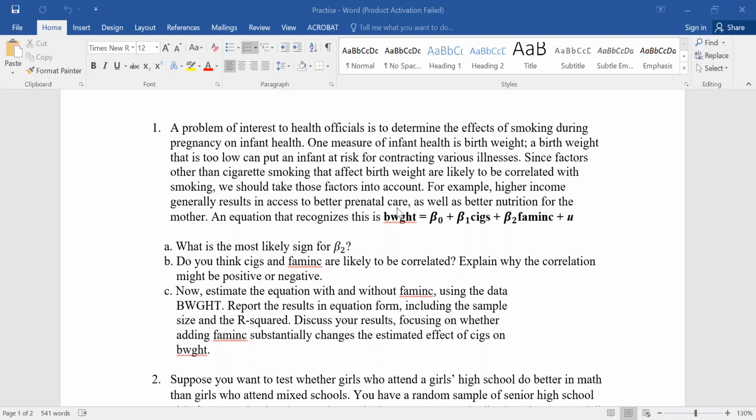So the health officials want to know the effect of cigarette smoking during pregnancy on infant health, and birth weight is an easy way of telling the health of a baby.